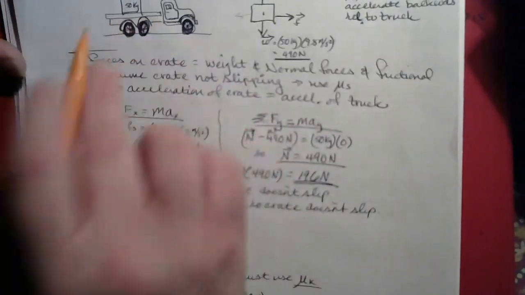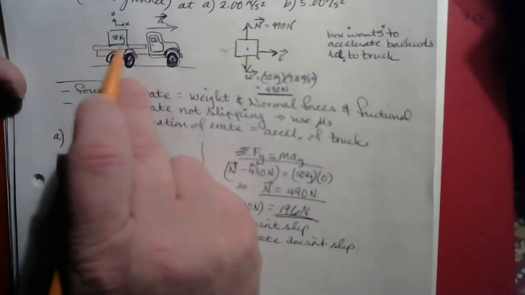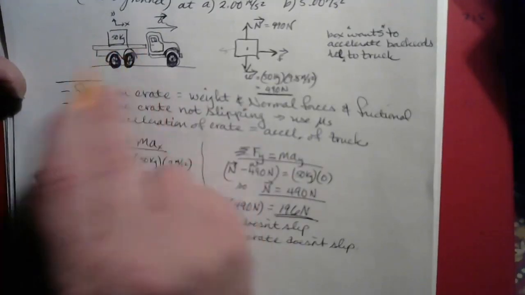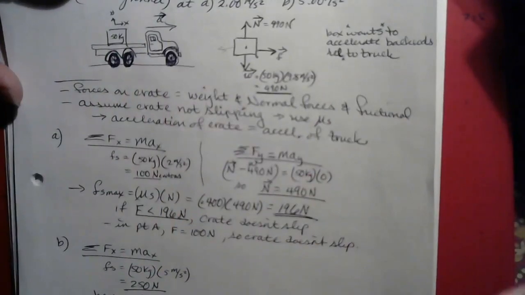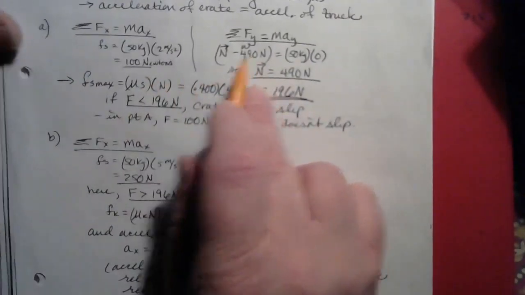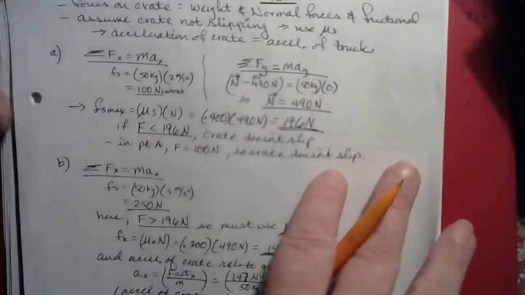And since the box is on a level surface, they never actually said in the problem that the flatbed of the truck was level with the ground, but they didn't say otherwise, so you kind of have to assume that the bed of the truck is level. If it were inclined relative to the ground, then that would be different.